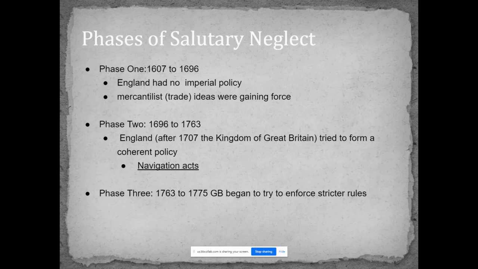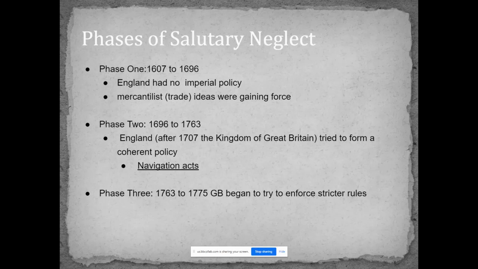So for example, Jamestown produced tobacco, right? And so the planters baled that tobacco up and sent that tobacco to England. And then in England, it was transformed into a consumable product, right? So from those big bales of leaves, it is turned into some sort of smoking tobacco or cigars.